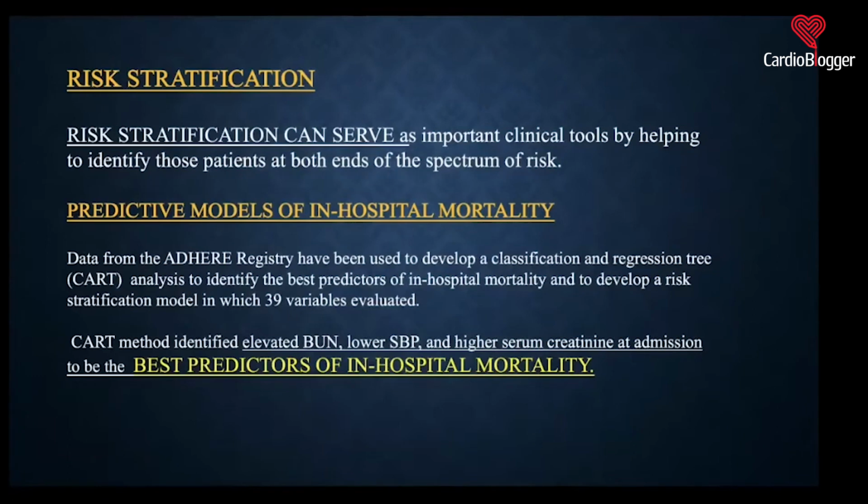Out of that, there were three factors which were crucially associated with poor prognosis in heart failure: the higher blood urea nitrogen, the serum creatinine, and third was the low systolic BP at presentation. So the best predictors of mortality were elevated BUN, low blood pressure, and higher serum creatinine at admission. And this is where we should focus in all our patients: if they tend to have these high values, we should give more focus to these patients.